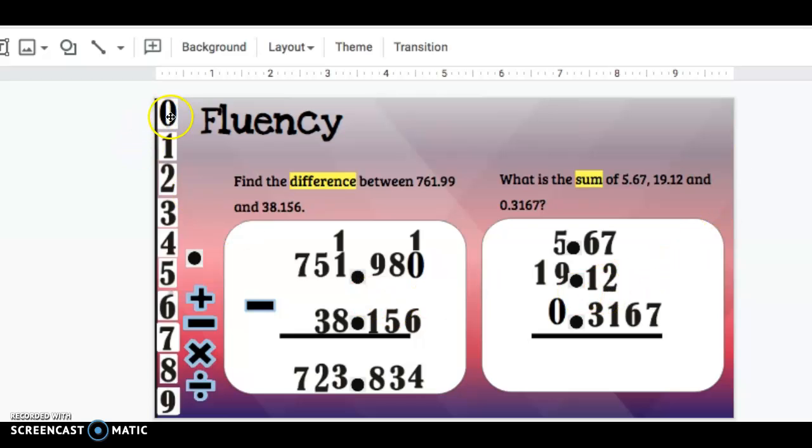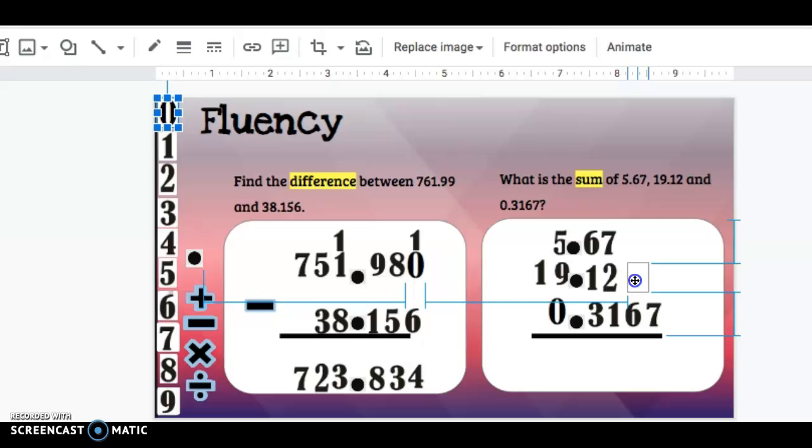So if it helps you out by putting zeros here as placeholders so you know that you're adding 6 to 0, you can do that. If it helps you stay in your place value and add the right numbers up, more power to you to do that.